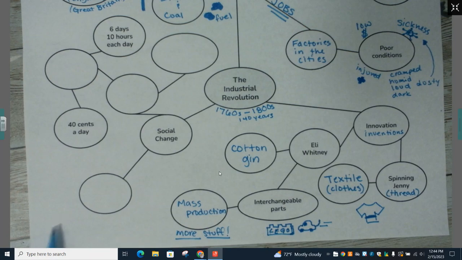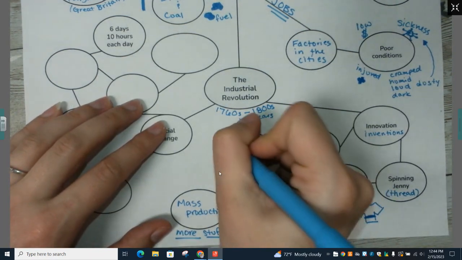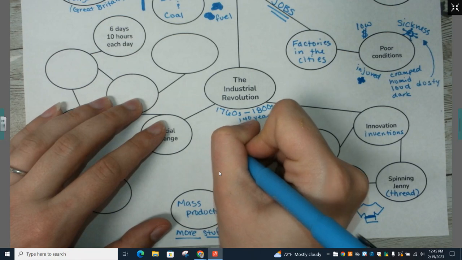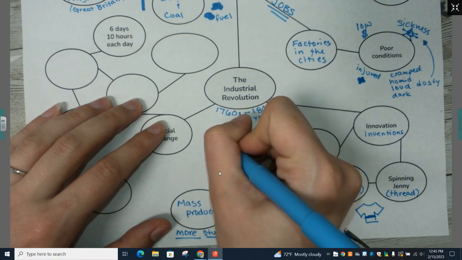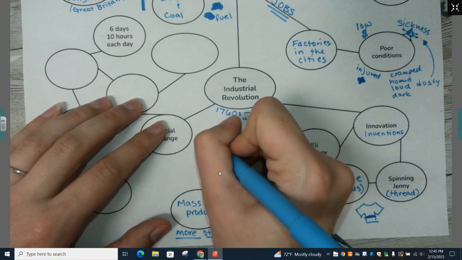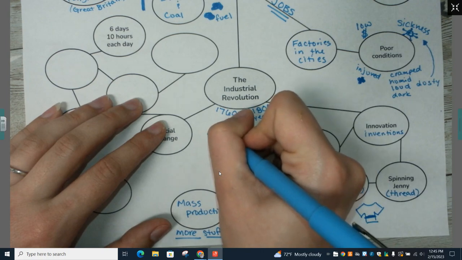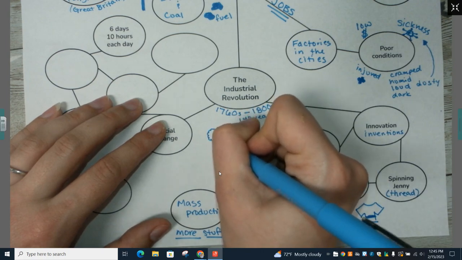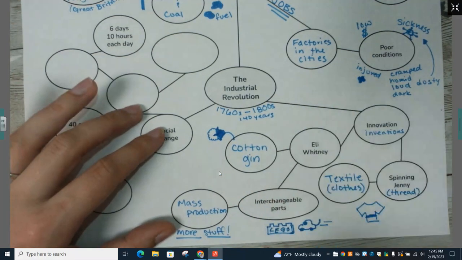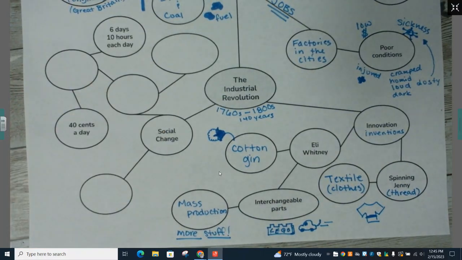Okay, so you can draw a little bit of cotton if you want. Oh, cotton ball right there. Okay, a little bit of cotton.